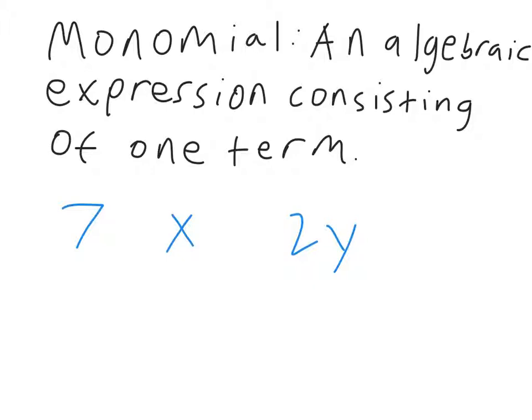It can be any combination of numbers and variables, anything up to 5x squared y to the third z. Any combination of numbers and variables in multiplication will work. There just can't be any adding or subtracting going on. Then it's a polynomial, not a monomial.